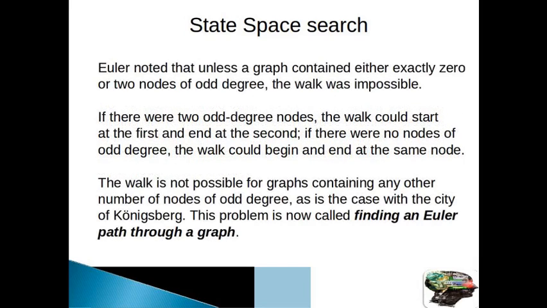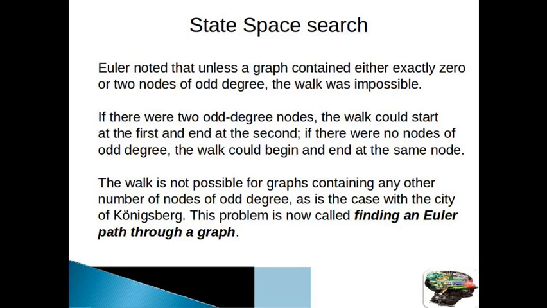Euler noted that unless a graph contains either exactly 0 or 2 nodes of odd degree, the walk was impossible. So in our case, since it is having more than 2 odd nodes, it will be a failure.